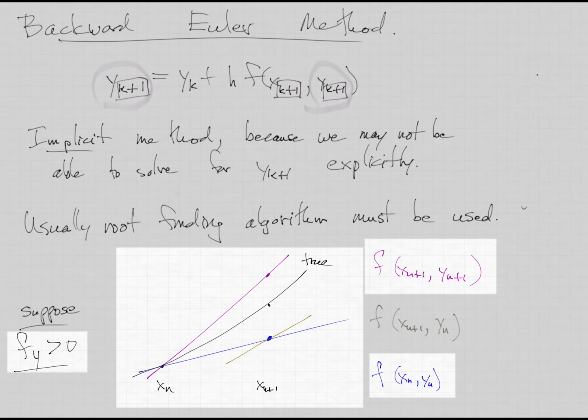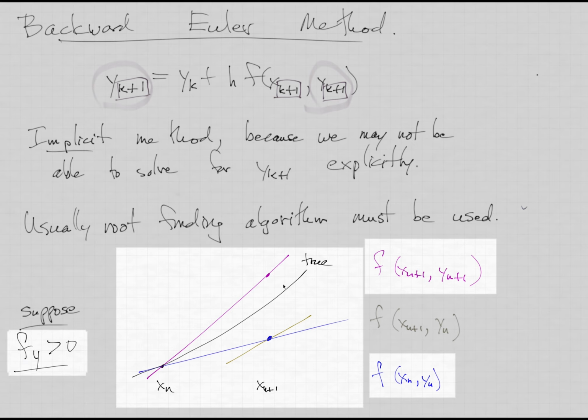So in a situation like this, where f sub y is positive, the Euler-Forward method will give you an underestimate, and the Euler-Backward method will give you an overestimate. Of course, things will be reversed if f sub y is negative.